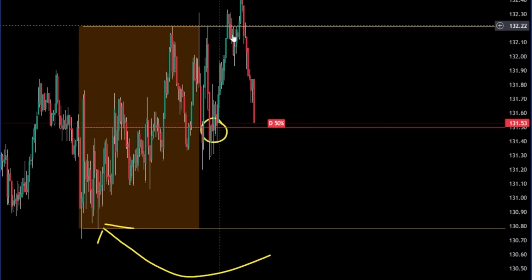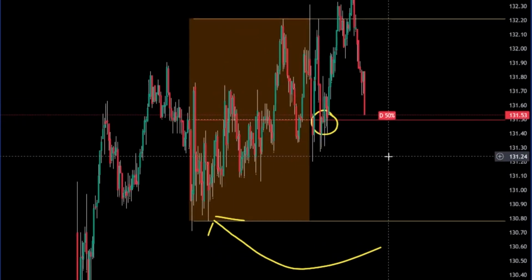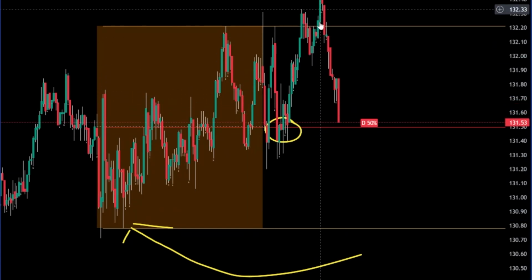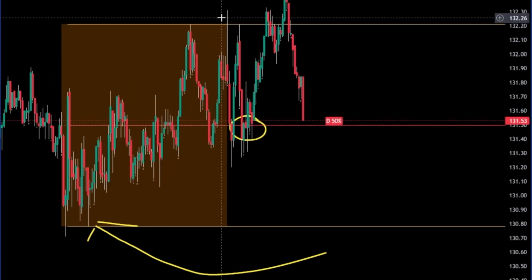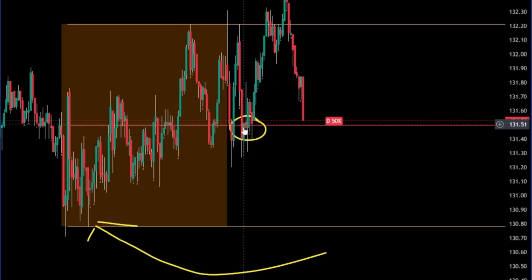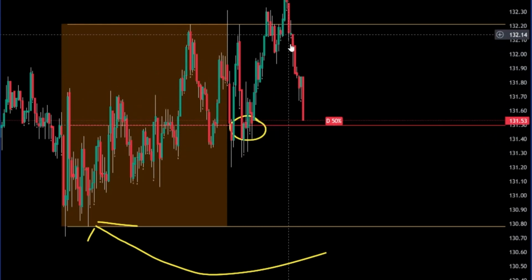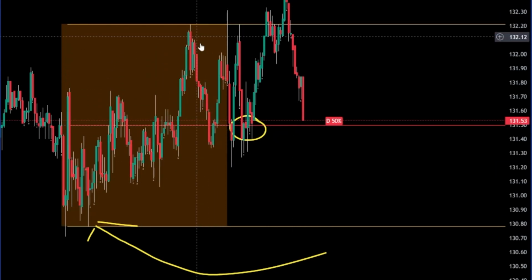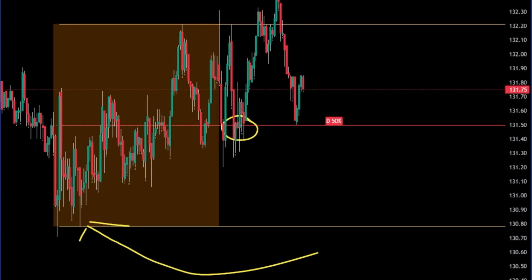Because look, it ran against us if we did enter there. But still here, we're still fulfilling the same setup, even if we didn't close down here. It can keep us in the trade with understanding the parameters that have already been fulfilled.